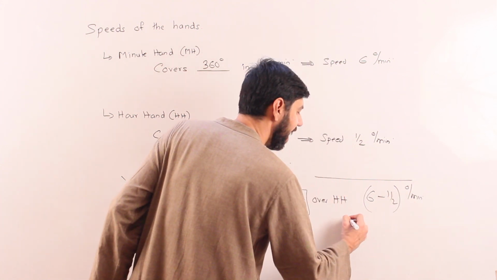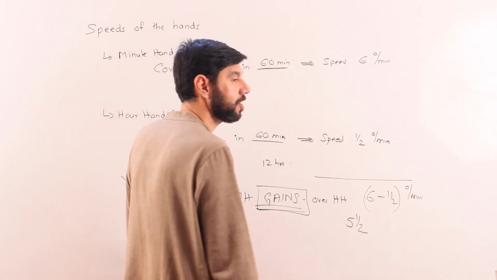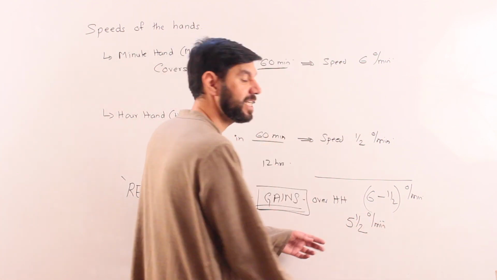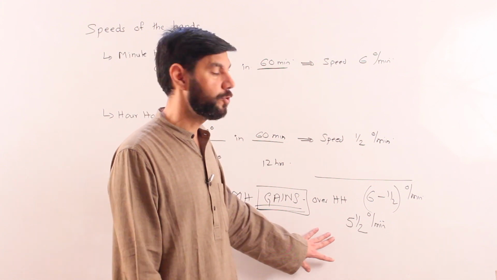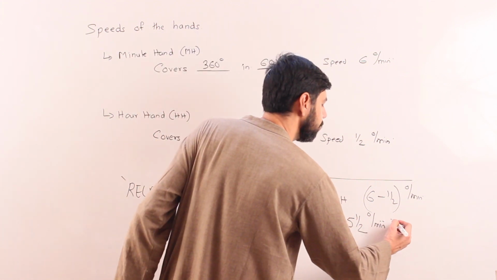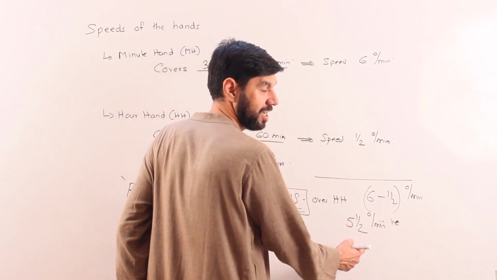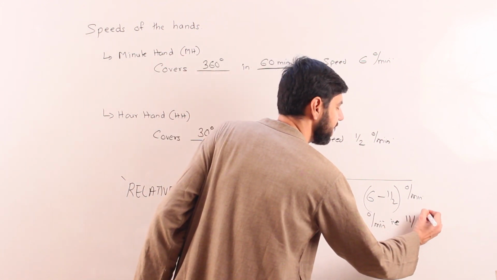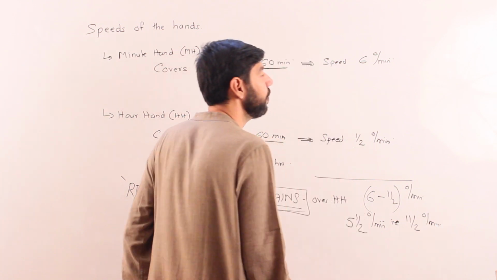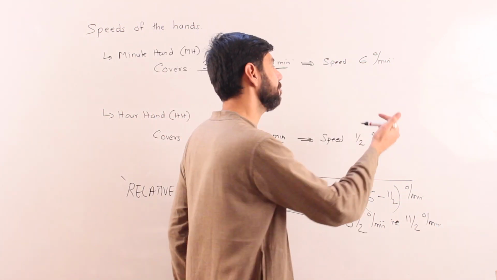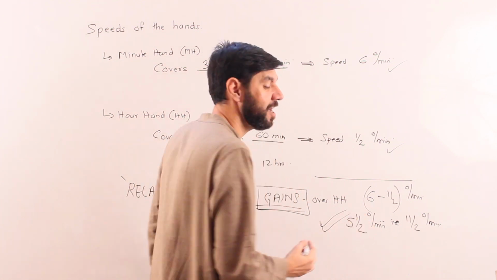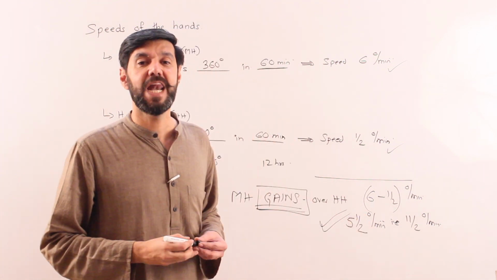So this 5.5 is a very important value that we'll be using continuously, and since it is a mixed fraction, when we need to do calculations, we are going to convert it to an improper fraction. 5 2s are 10, 10 plus 1, 11 by 2 degrees per minute. So three numbers to keep fast in your mind: 6 degrees, half, and the most important, 5.5 or 11 by 2.